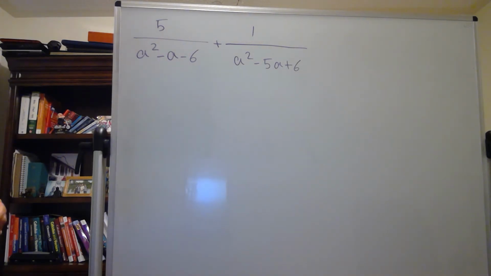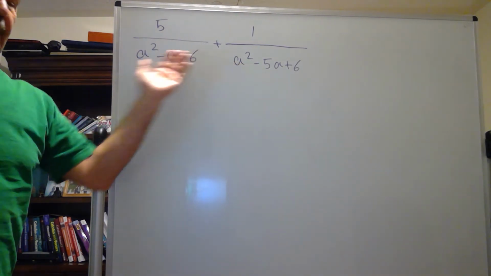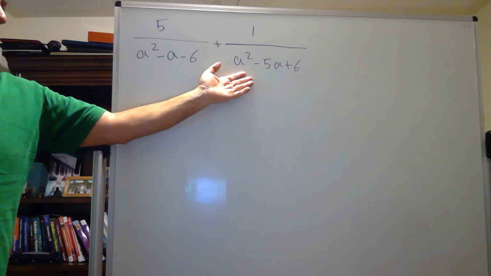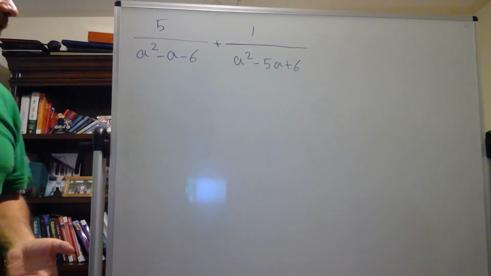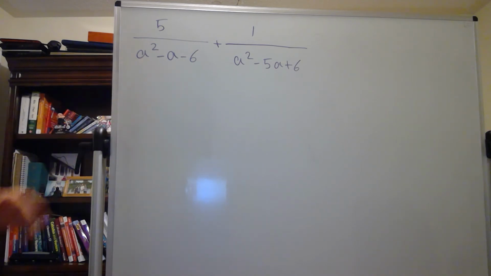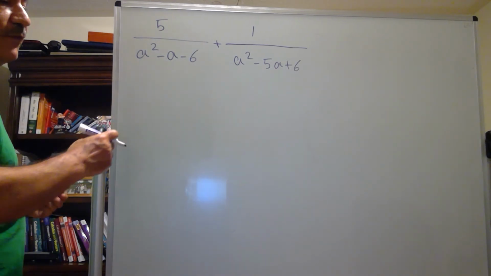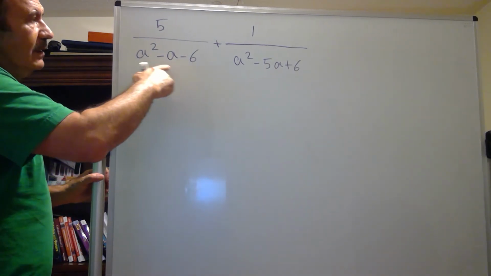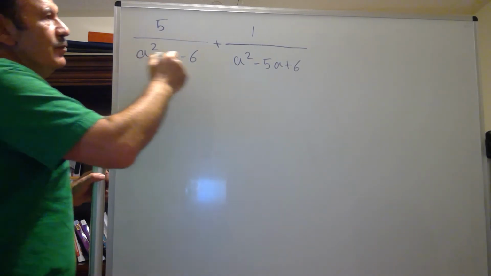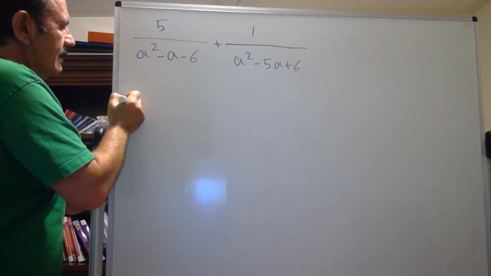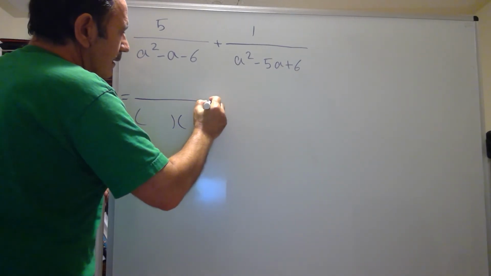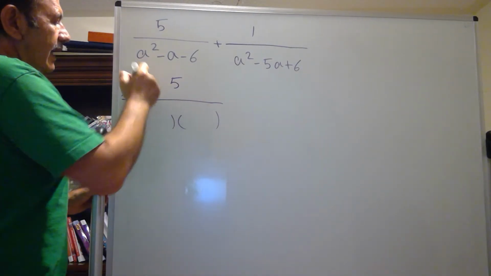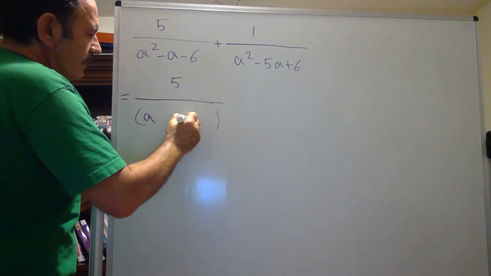two fractions. First of all, we cannot find the LCM until we factor these two, and then find the LCM. For the first one, we should find two numbers. When we multiply, can you see it's a squared? So I can write it as open two brackets, and a is the first term.